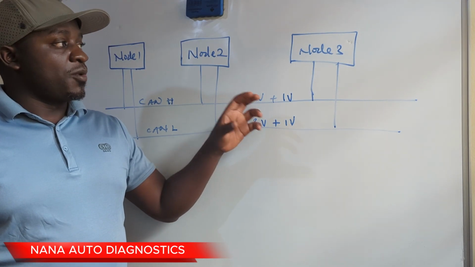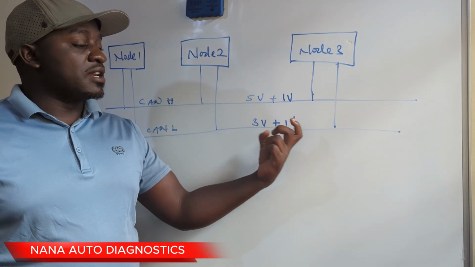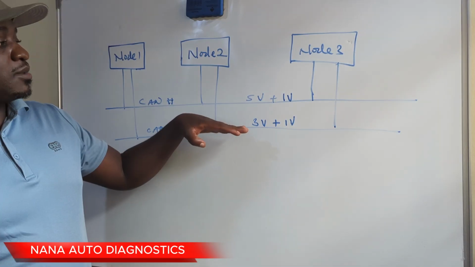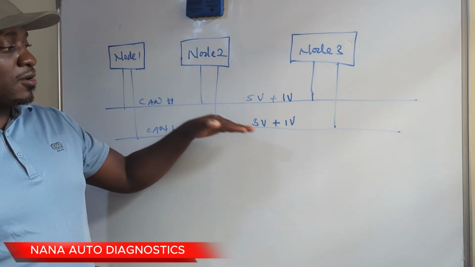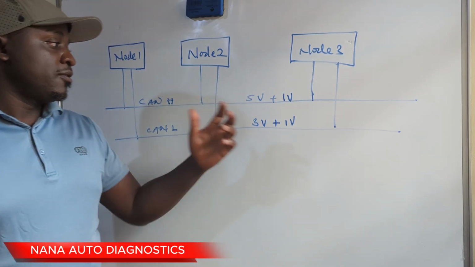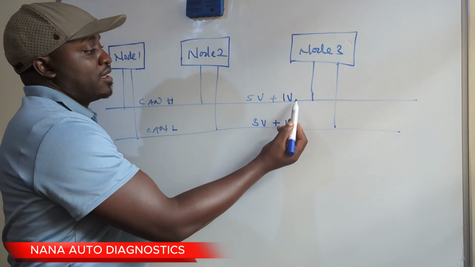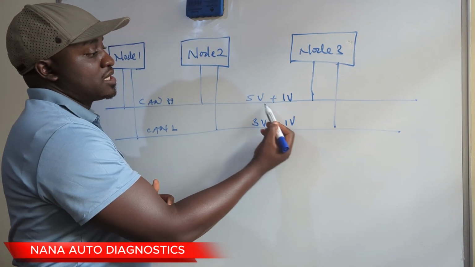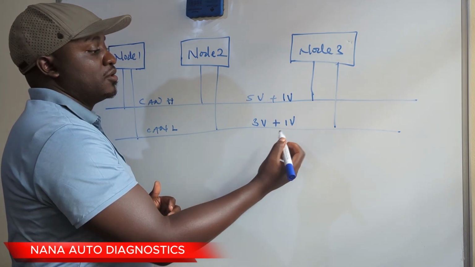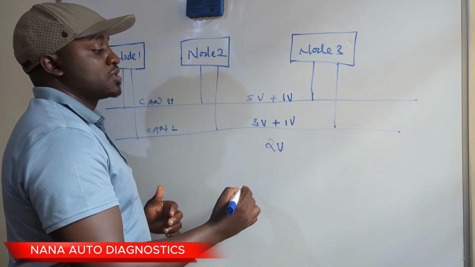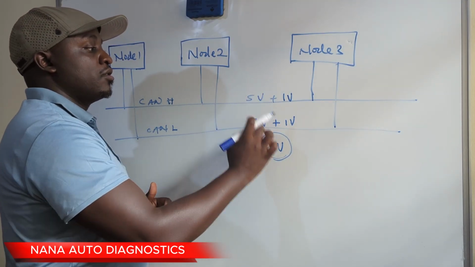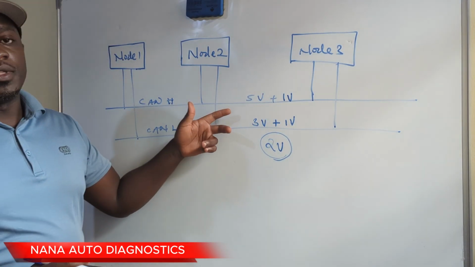However, with CAN bus, we are transmitting a differential signal. In other words, we are getting the difference between CAN high and CAN low, and we are transmitting that result. For instance, here it will be 6 volts minus 4 volts, giving you 2 volts. So we shall be transmitting the 2 volts instead of the individual voltages on the bus.